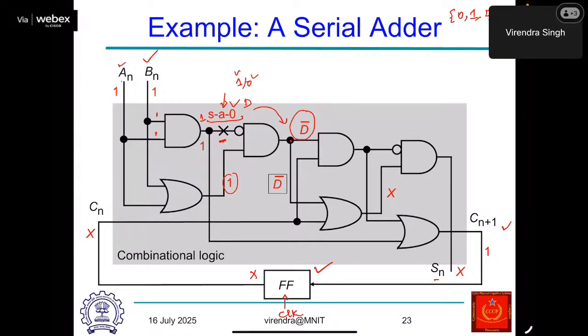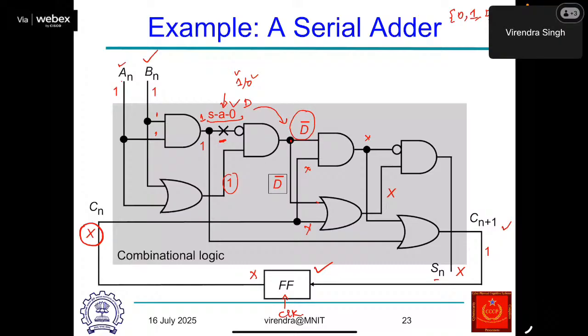So this D bar is at the input of this. Now what will happen when I do the simulation? The value that I am getting from the flip flop at cn is x. This x will make the output x over here, and x over here will make the output x over here.